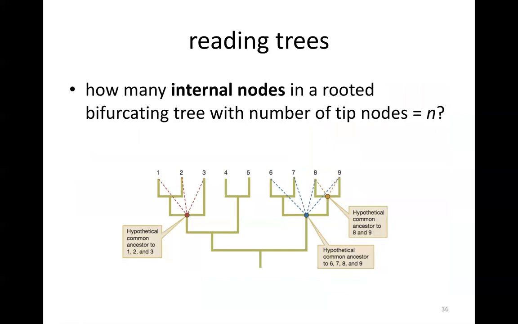So yeah, another question you can think about: how many internal nodes would we have in a rooted bifurcating tree if the number of tips is n? If we have n external nodes, n species, or n taxa, how many internal nodes should we have?